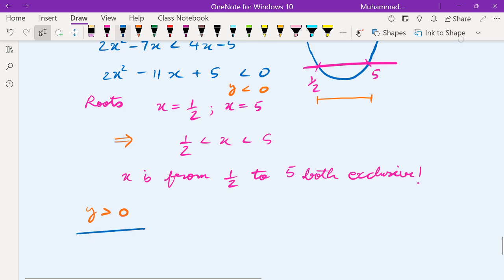Yes, x is less than half or x is more than 5. So these are two intervals, that's why they're written in two inequalities. There's nothing big about solving the quadratic inequalities if you know the roots.